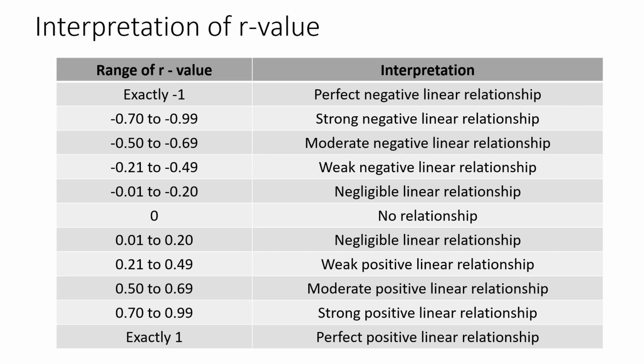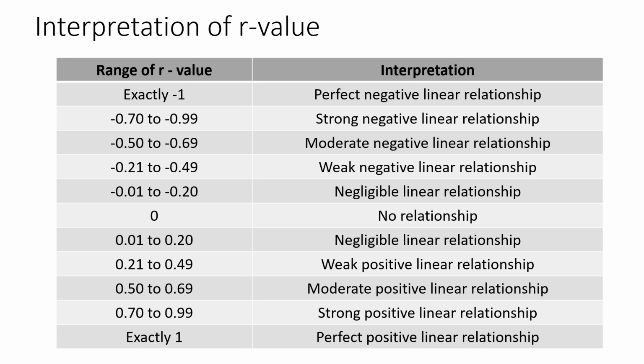From negative 0.21 to negative 0.49, that is a weak negative relationship. From negative 0.01 to negative 0.2, that is a negligible linear relationship. If it is 0, then there is no relationship at all. If r is 0.01 to 0.2, that is a negligible linear relationship.